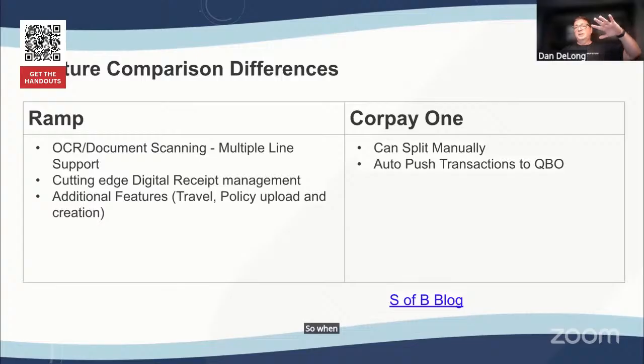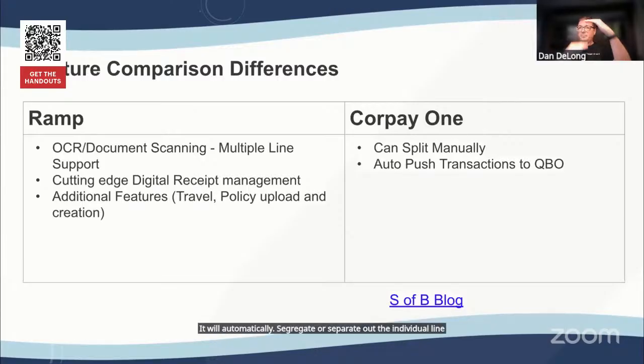When you have a really big bill, you can import that, and it will automatically separate out the individual line items on the body of the invoice or the bill, and then you can map that to individual lines, as well as map to products that are in your QuickBooks, right? So you can have that item level mapping, whereas with Corpay One you can split, but you have to do that manually.